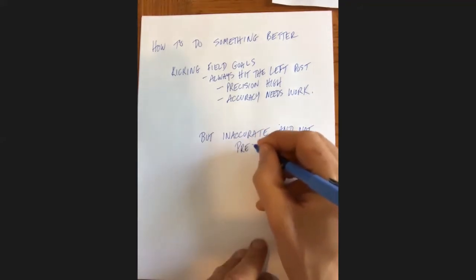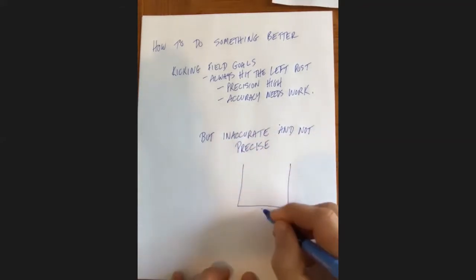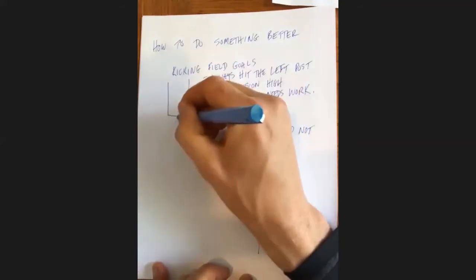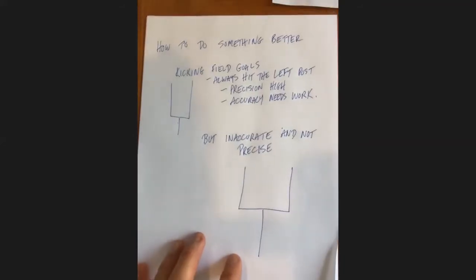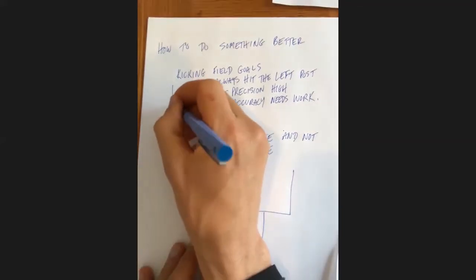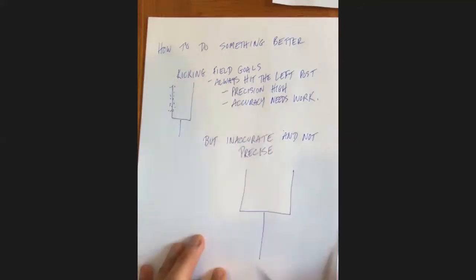Well, there's no such thing as kicking too high for a field goal, I guess. Okay, here, the post. So in this one up here, there's my target. Always hit the post. That means I'm always over here, right?